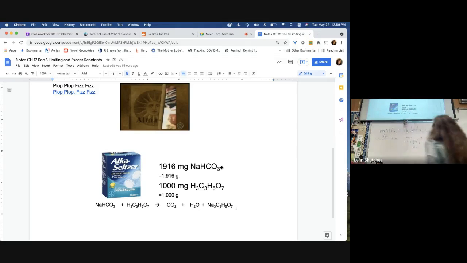So the other thing that forms, and I'm going to do water this way, HOH. Okay, and then the sodium ions, which are +1, go with the citrate ions. So that means we need 3 sodiums. So there's 3 sodiums that go together here. So this is not balanced.